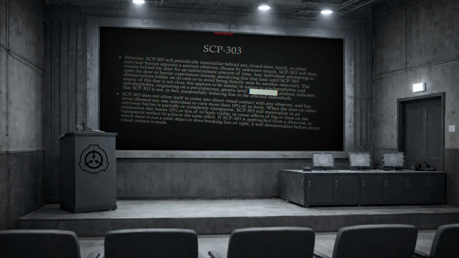Any individual attempting to open the door or barrier experiences intense, paralyzing fear that lasts until SCP-303 dematerializes, either on its own or to avoid being directly seen by another observer. The source of this fear is not clear, but appears to be similar in nature to arachnophobia or ophidiophobia, originating on a preconscious genetic level.